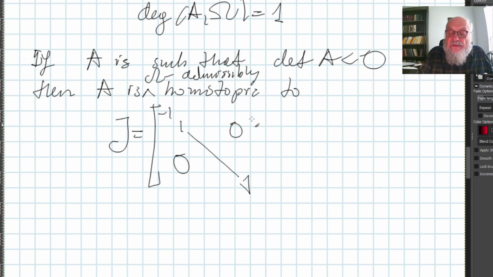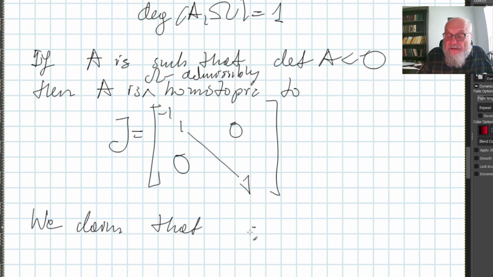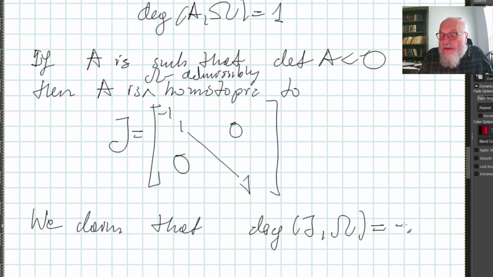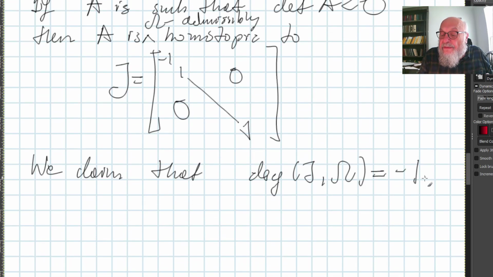We claim that the degree of J on omega is equal to minus 1. So the proof is needed.